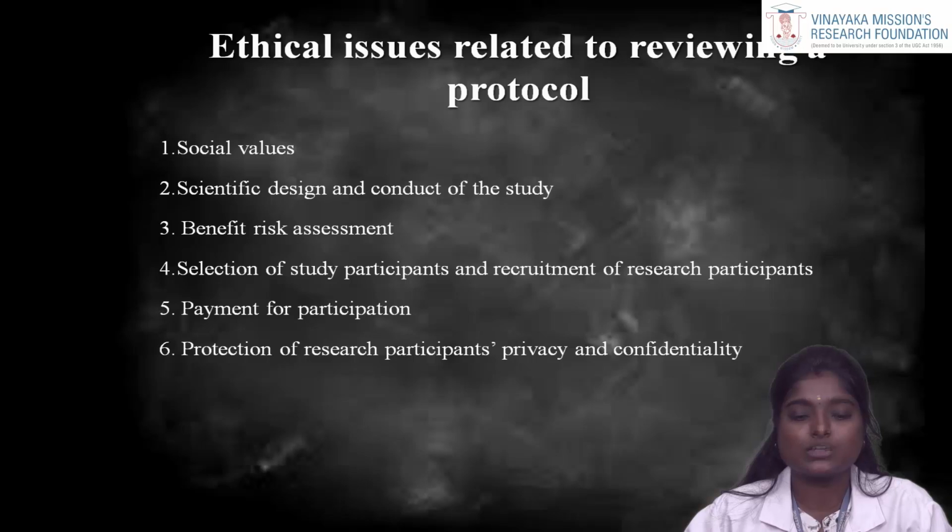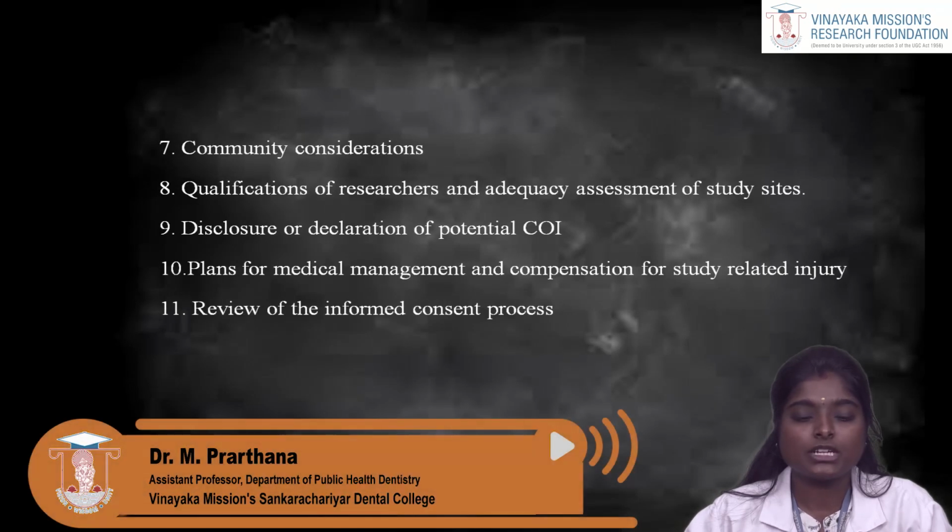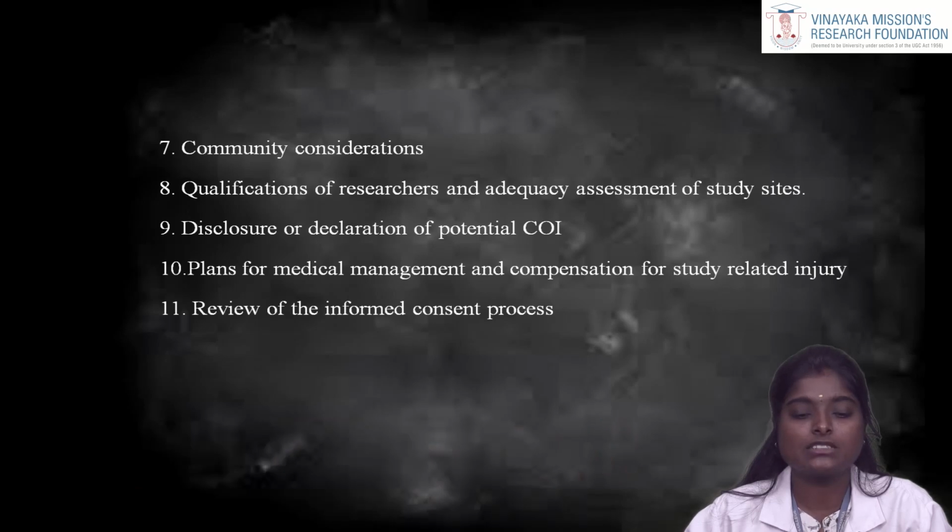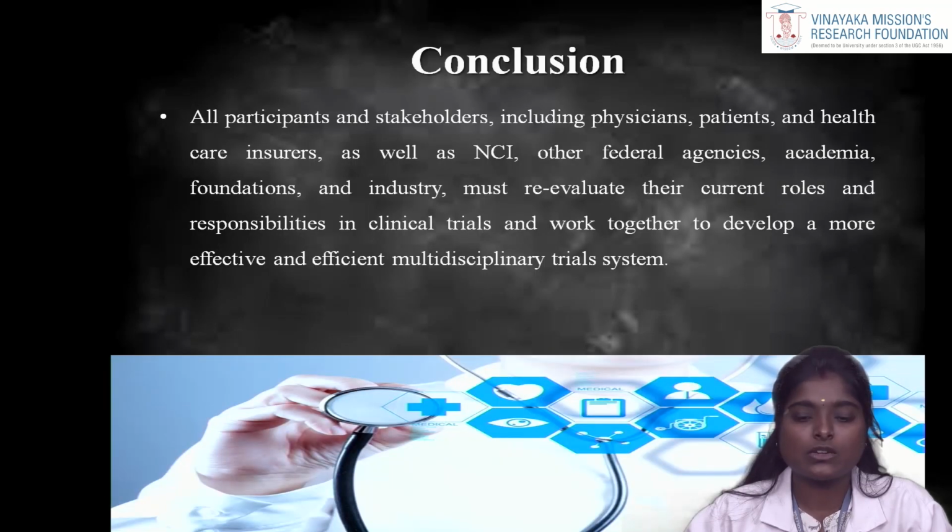Ethical issues related to social value, scientific design and conduct of the study, benefit-risk assessment, selection of study participants, payment for participation, protection of research participants, and community consideration, qualification of researcher and adequate assessment of study site, disclosure or declaration of potential outcomes, and plans of medical management and compensation for study related injury, review of the informed consent process.